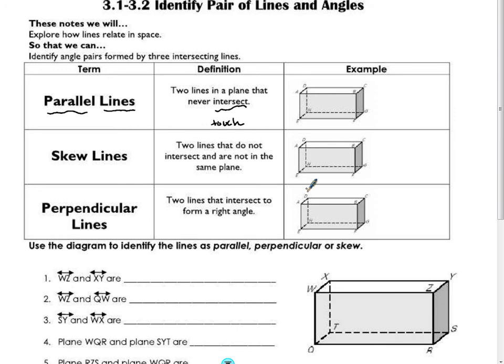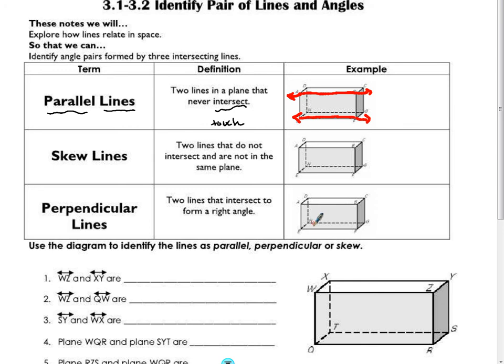If I wanted to outline two lines that are parallel, let's look at segment AB, and let's look at segment EF on the front of my box. If I would extend those two lines without bound, I would continue drawing AB and EF, and they would never intersect. So I can say that those two lines are parallel lines.